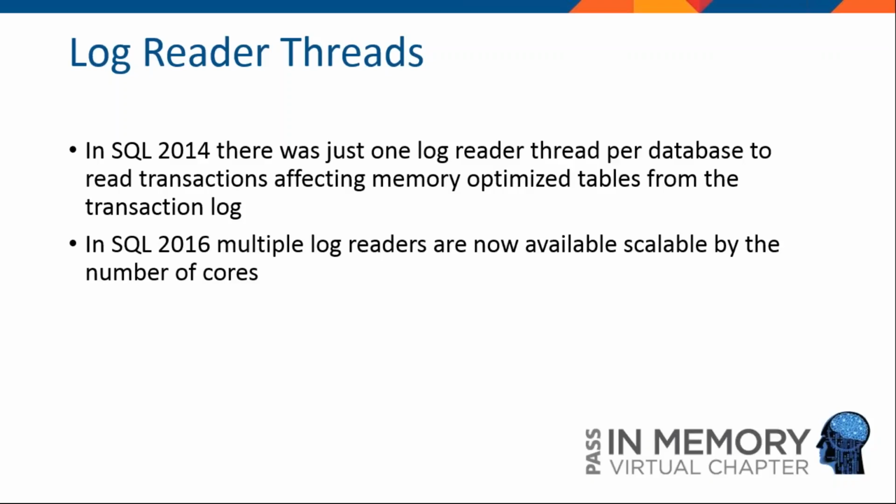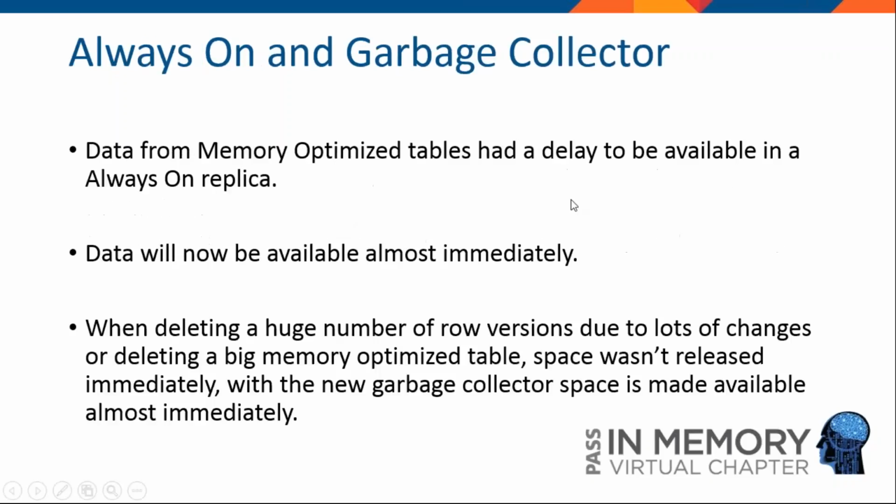On 2016, now you have multiple log readers available, and these are going to be scalable by the number of cores. So SQL Server is going to be smart enough to know that if you have a big server with a lot of CPU cores, then it is going to have more log readers, and so the interaction with the transaction log is going to happen at a much faster rate, which is improving your performance as well.